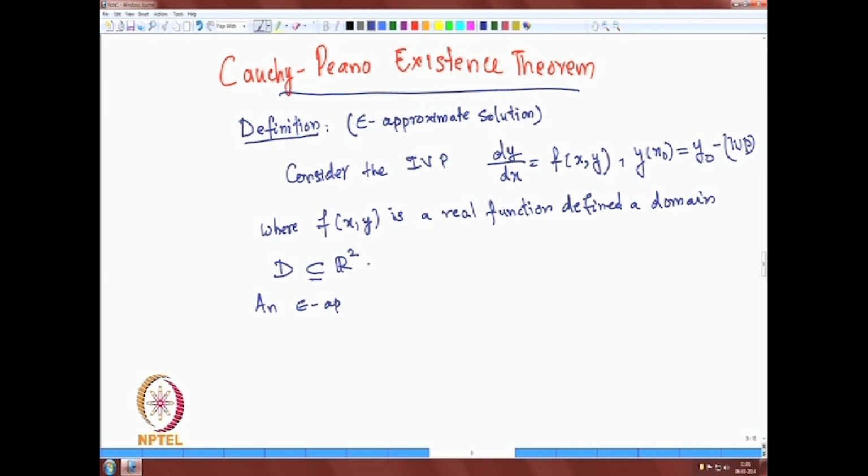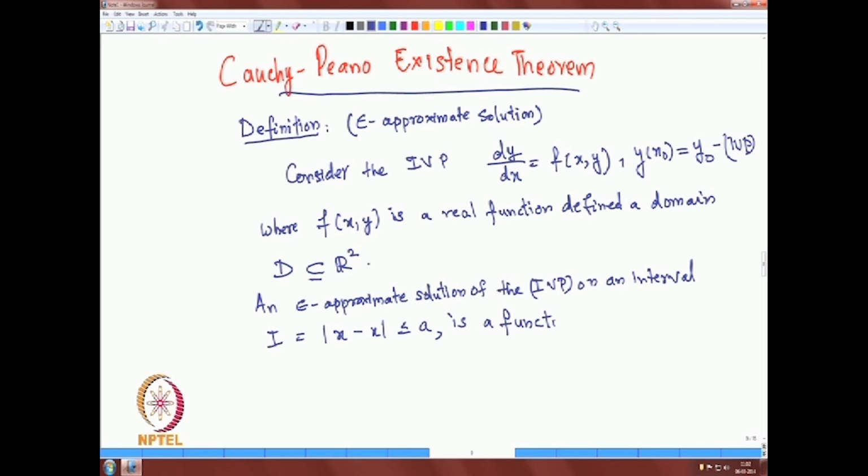An epsilon approximate solution of the initial value problem, IVP, on an interval, call it I, which is the set of all x such that the absolute value of x minus x0 is less than or equal to a, is a function, call it phi, defined on I such that the following properties are satisfied.